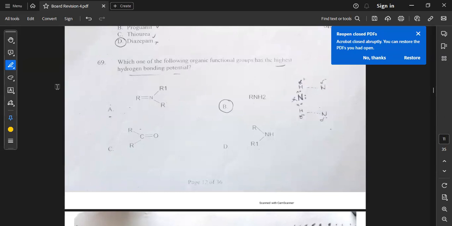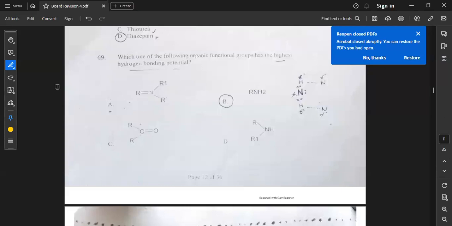We can skip. Going to number 69, the question asks: which one of the following organic functional groups has the highest hydrogen bonding potential?